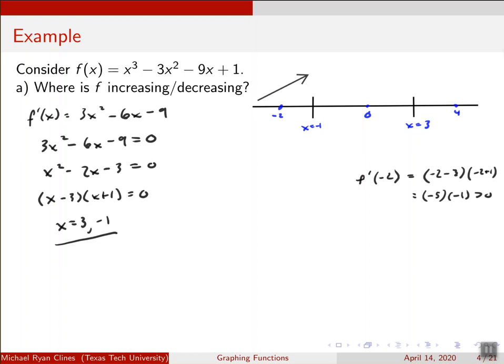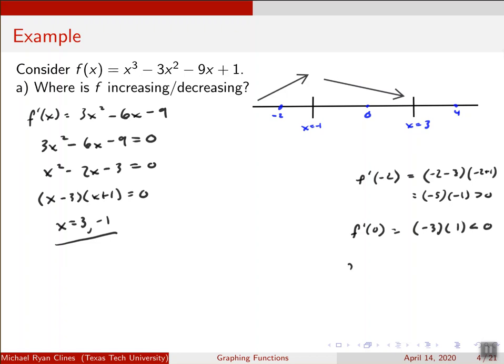Now let's check 0. Let's calculate f prime of 0. Well, that's just going to be equal to -3 times 1. But that's just going to be less than 0, right? A negative number times a positive number is negative. So that means at this interval, the function is decreasing. Noticing a pattern here?